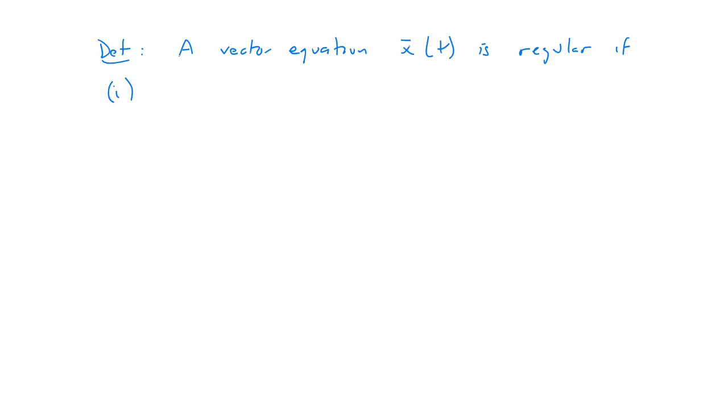A vector equation is regular if one, the derivative exists, and two, it's not the zero vector.